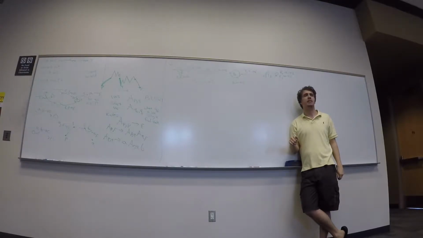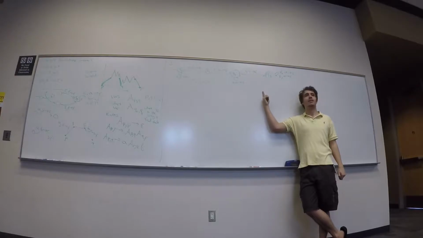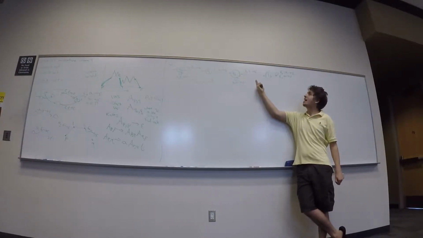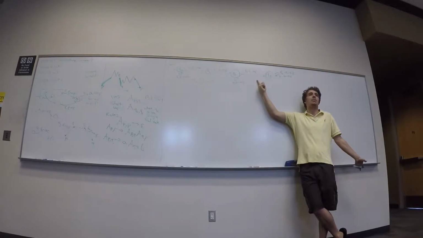Okay. Is the PDA now ready? Or is there something we need to fix? What needs to be fixed about this PDA? Pointing to it. Yeah, I have this transition that does neither operation.